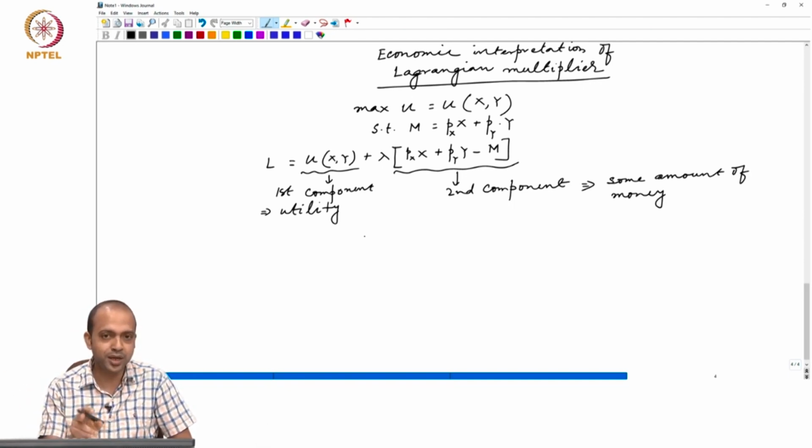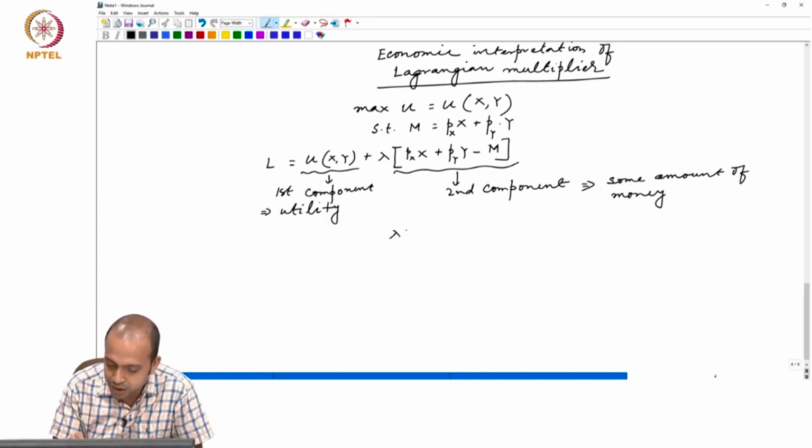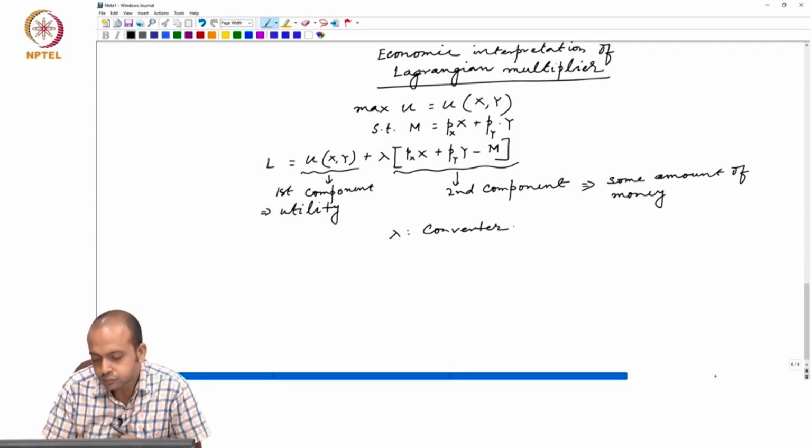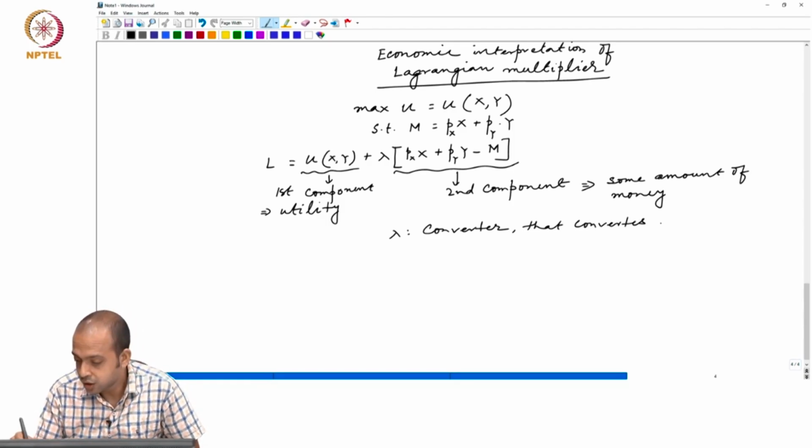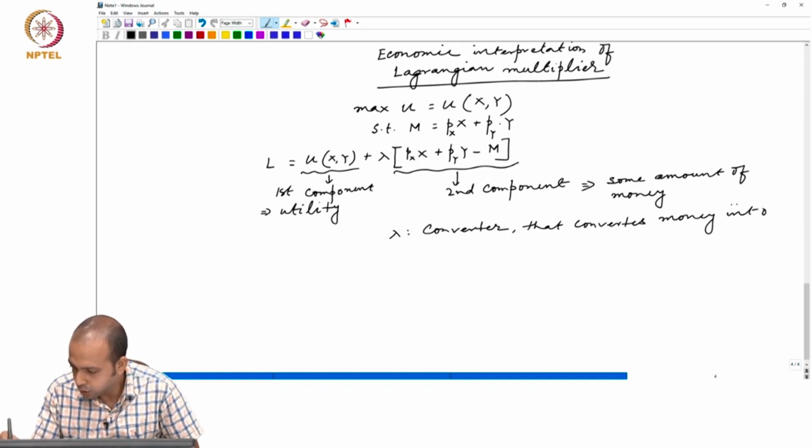Same logic if you apply here, you will never forget the economic interpretation of this Lagrangian multiplier. In this Lagrangian multiplier, we are adding money with utility, which is impossible. That is why we are using a converter, which is actually lambda. So, lambda is basically a converter that converts money into utility.